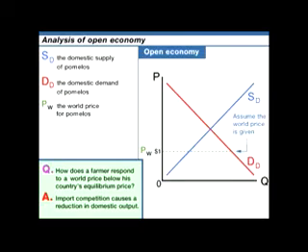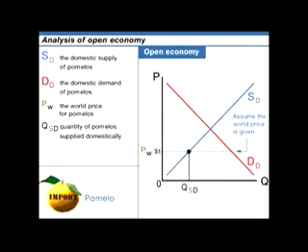That is, they can cover the opportunity cost of producing only a few pomelos before the opportunity cost rises to the point where it's no longer profitable for them to make the fruit. The quantity supplied domestically will be given by this intersection. This intersection tells us the quantity that the French farmers can afford to supply. So we'll use a QSD to represent the domestic quantity supplied.